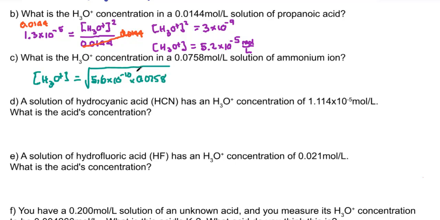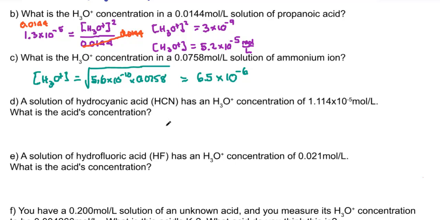Put a times symbol in there. And 0.0758 square root. I get 6.5 times 10 to the minus 6. This calculator doesn't go to scientific notation, so I get to do it myself. Poor me.